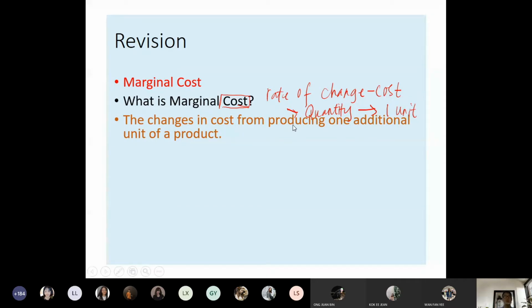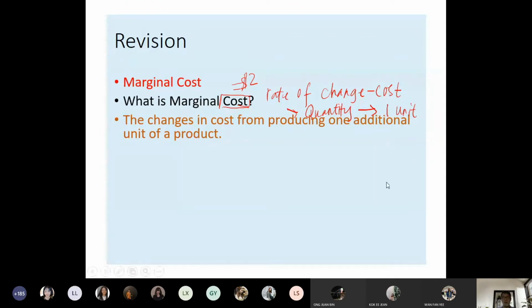If my marginal cost is $2, it means that when I produce 1 additional unit of product, my cost will increase by $2. Is that okay?